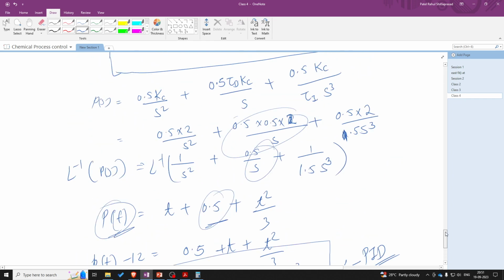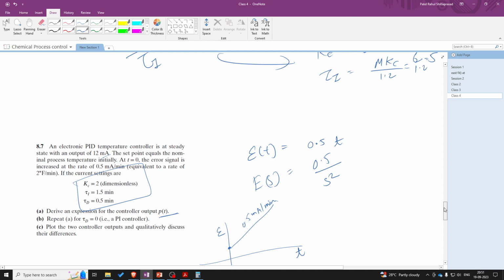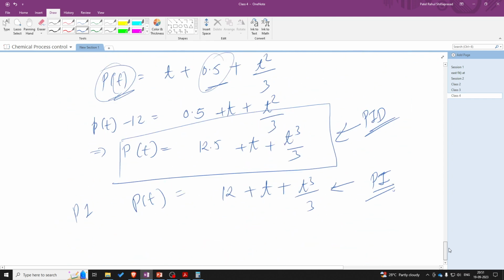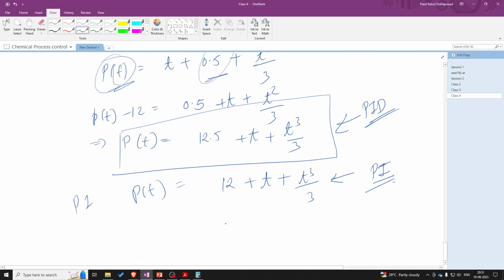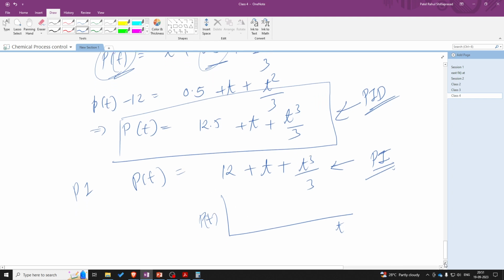So now what we have been asked is we have to plot the controller outputs and qualitatively discuss their difference. So basically we have to plot this P of t with respect to time and then discuss their differences. So let's just plot the curve over here.